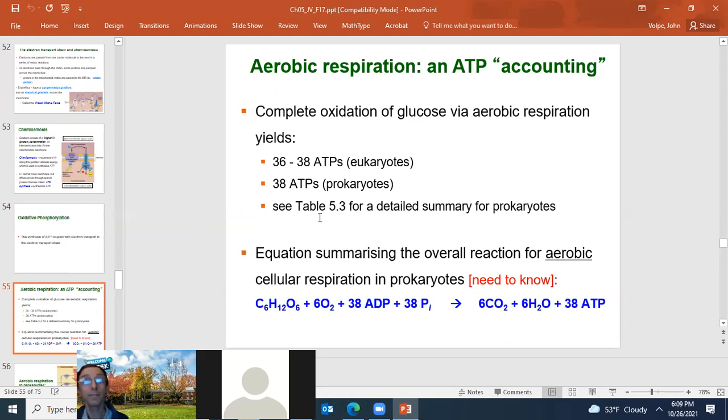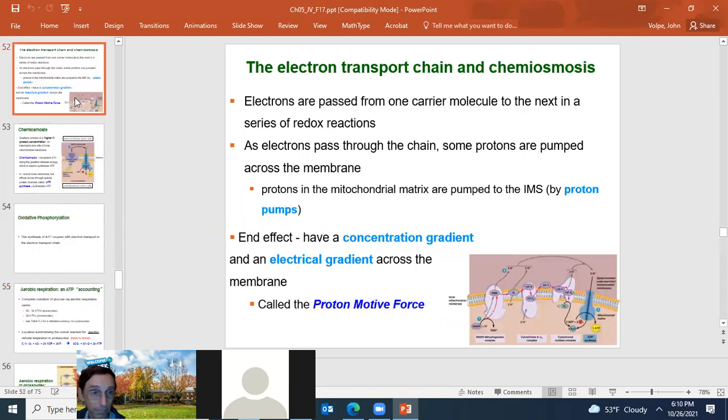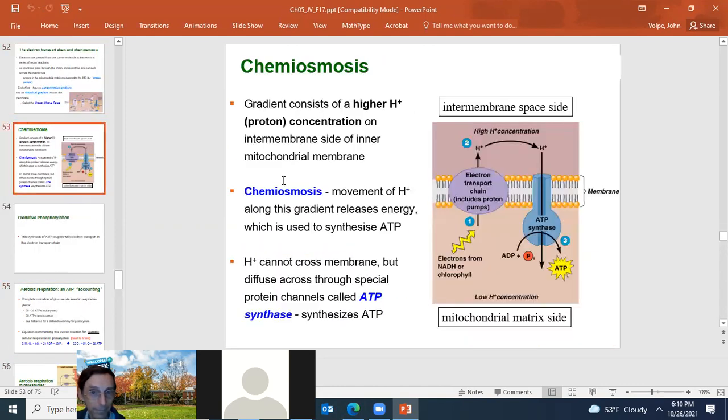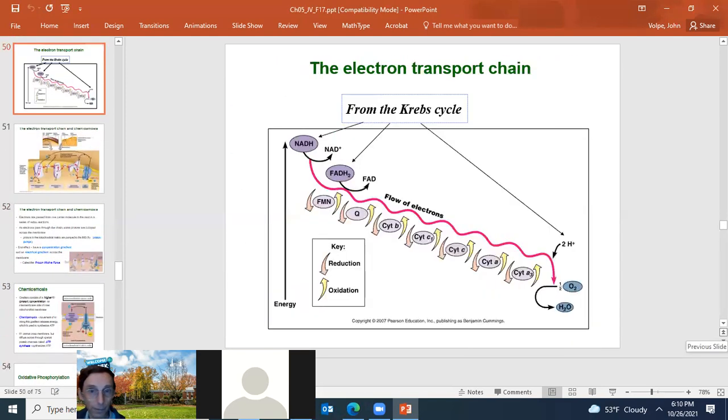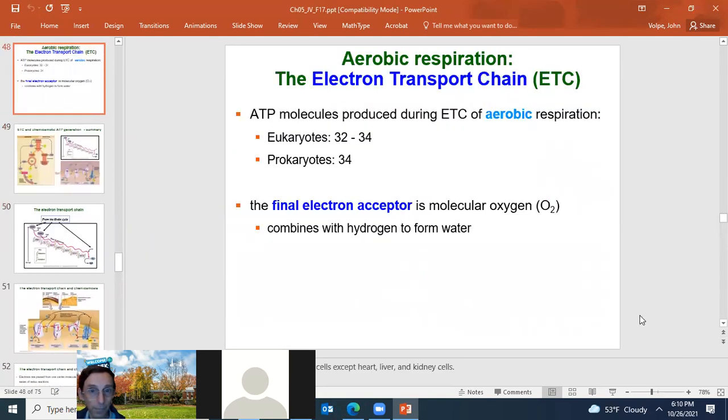All right, let's count up the ATP made from aerobic respiration. We get 2 from glycolysis. We get 2 from the preparatory step in the Krebs cycle. And then we get 32 to 34: 34 in prokaryotes, 32 to 34 in eukaryotes.